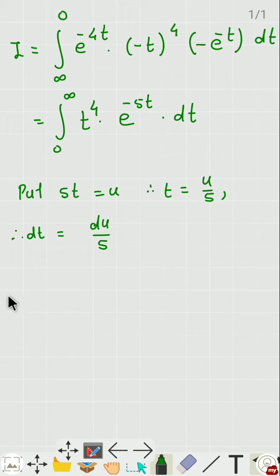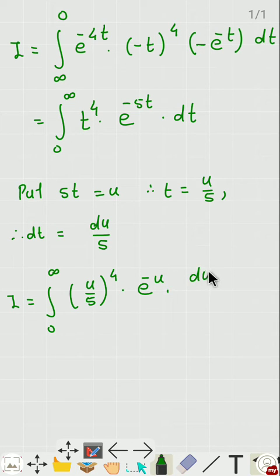And therefore integration I becomes integration from 0 to infinity of (u upon 5) raised to 4 into e raised to the power minus u into du upon 5.